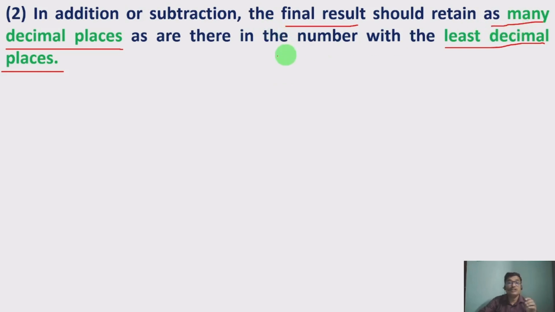It is concerned with decimal places. The number which has the least decimal places, that many decimal places only the result should have.